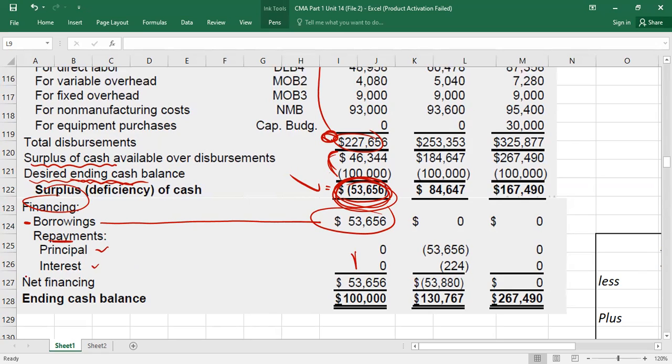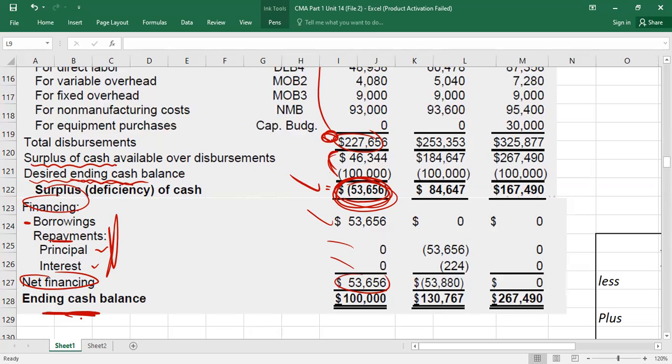So now this is called net financing. How did you get it? You will take the total of the financing section, this section. So you have only 53,656. Now, how do you get the ending cash balance after net financing? I'm going to tell you a very shortcut way. Otherwise, there are long ways also to do it.